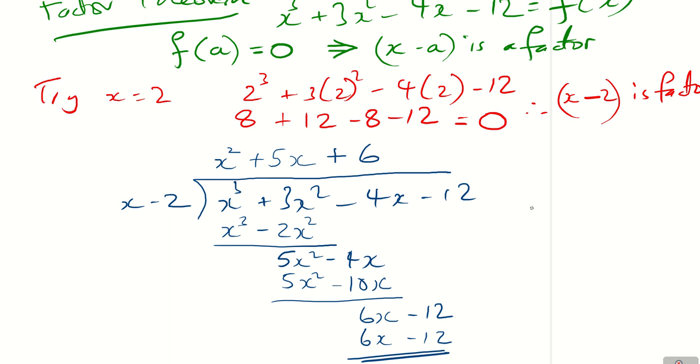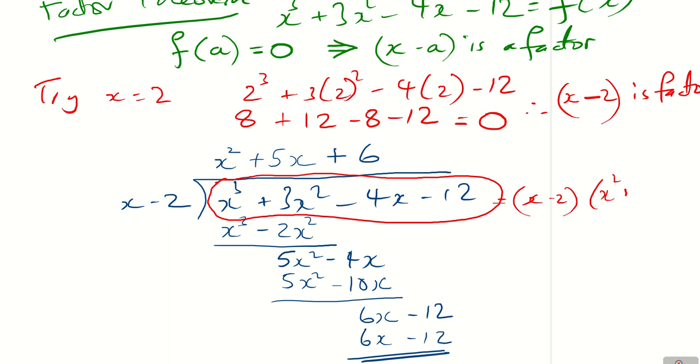So what that means is we have now shown that our numerator is actually equal to x minus 2 times x squared plus 5x plus 6.